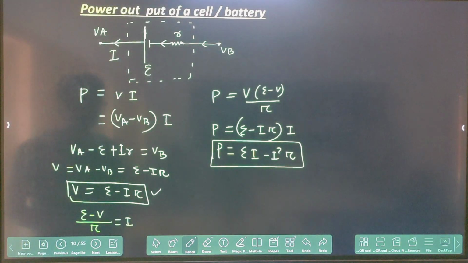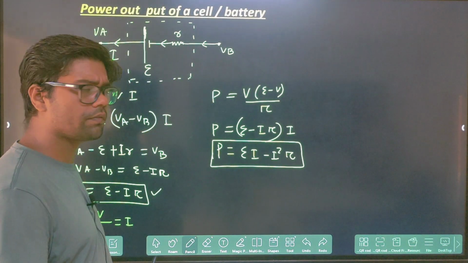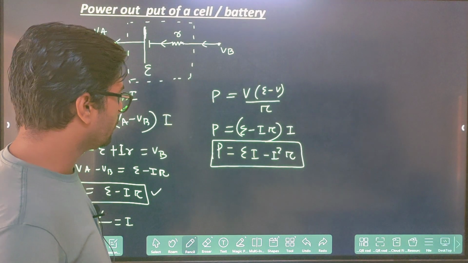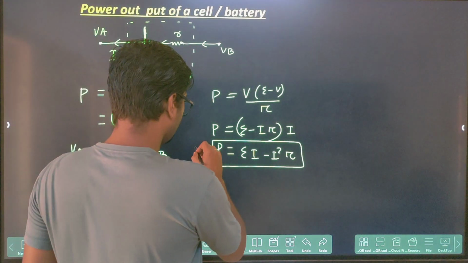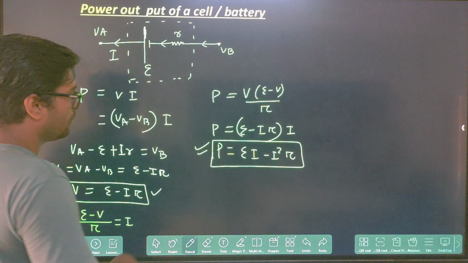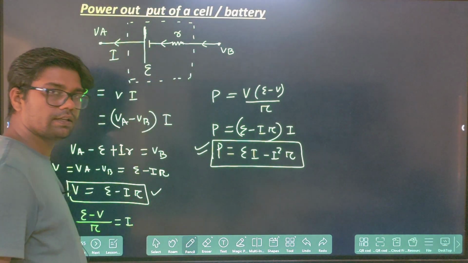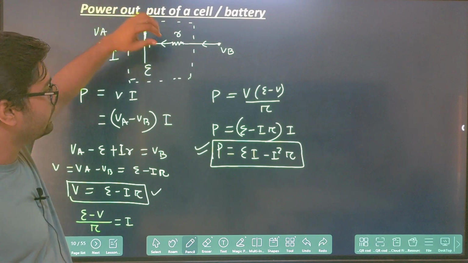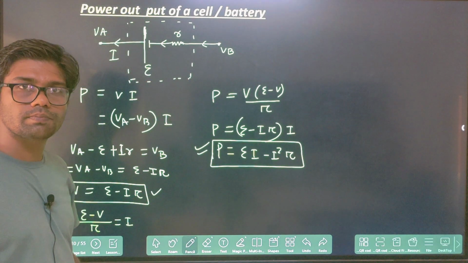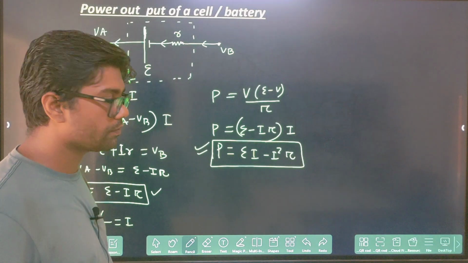Clear? This will be power output by the battery, but there is a different type of formula you can write. So from this formula, what we can get here, you just see. EI is the power output by the cell, because power equal to V into I, and this EMF into I is the power output by the cell.